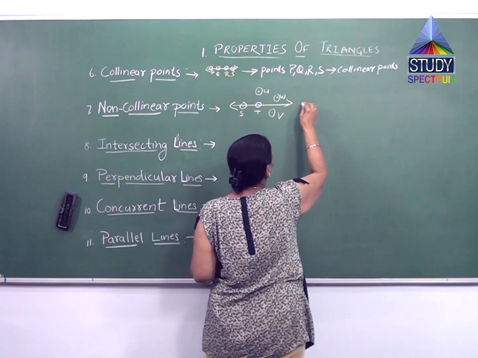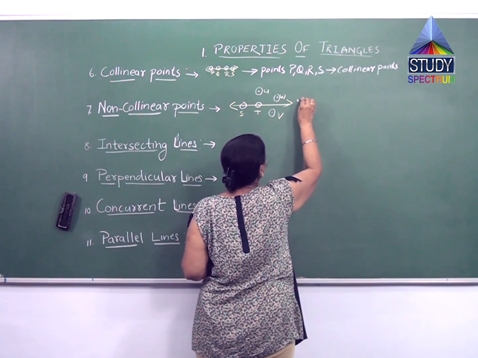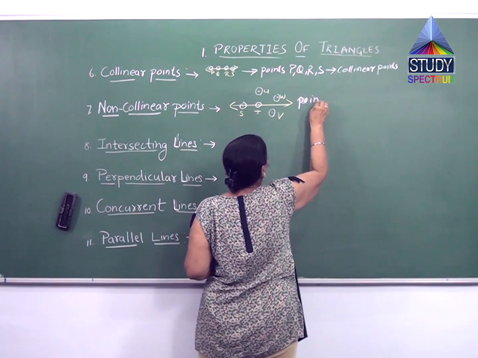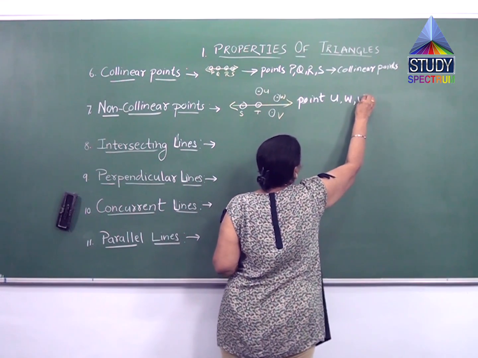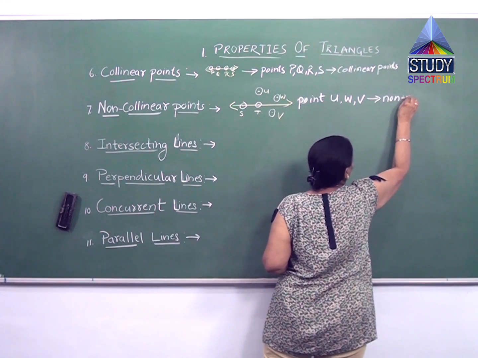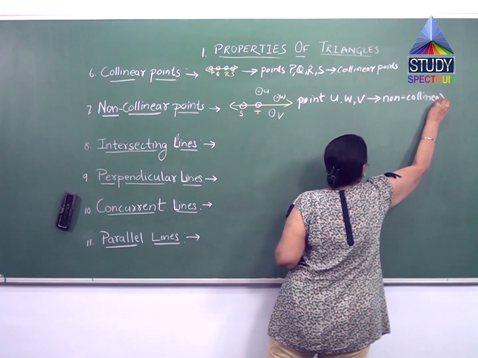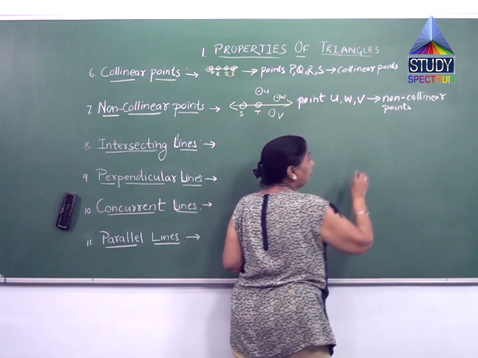So they are known as non-collinear points. So what are non-collinear points? The points which do not lie on the line. So points U, W and V are known as non-collinear points. Why? Because they do not lie on the same line, right?